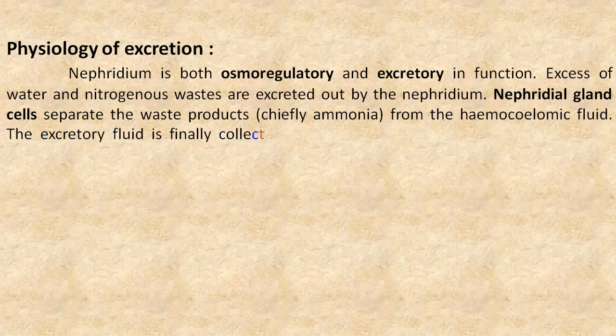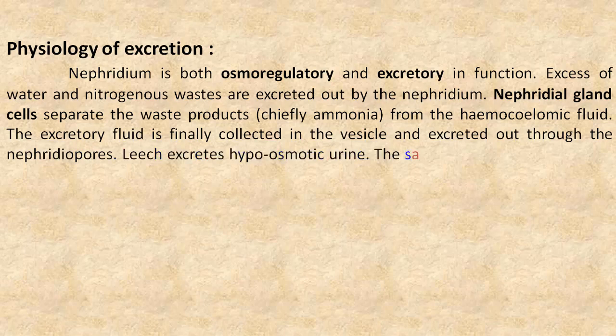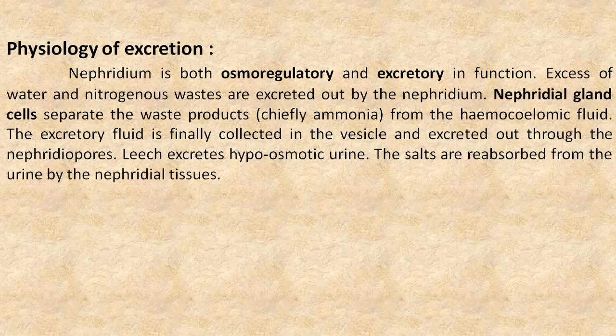The excretory fluid is finally collected in the vesicle and excreted out through the nephridiopore. Leech excretes hypoosmotic urine. The salts are reabsorbed from the urine by the nephridial tissues.